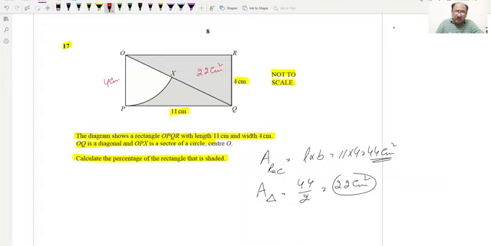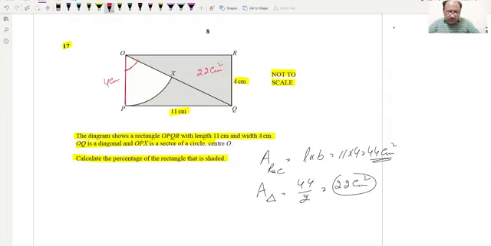And now we can find the area of the sector. To find the area of the sector we require this angle, which we don't have. So what we will do is consider this triangle. Which triangle are we considering?